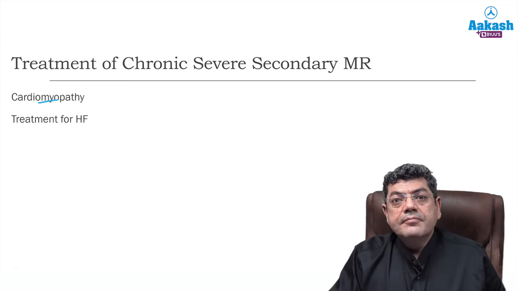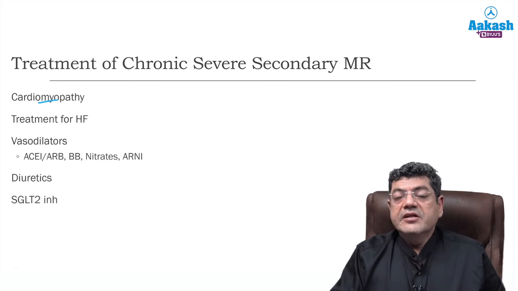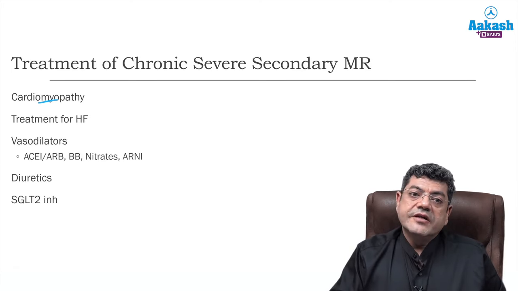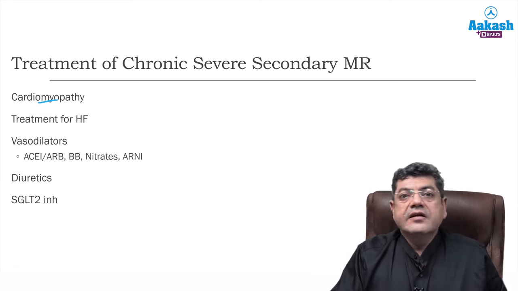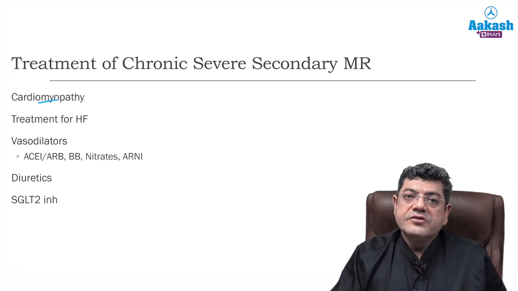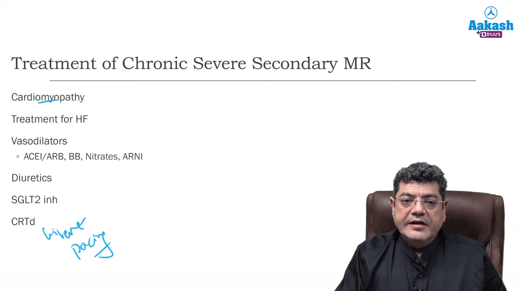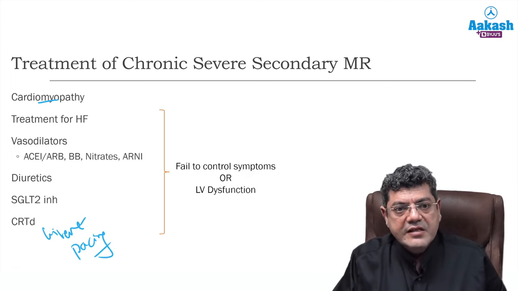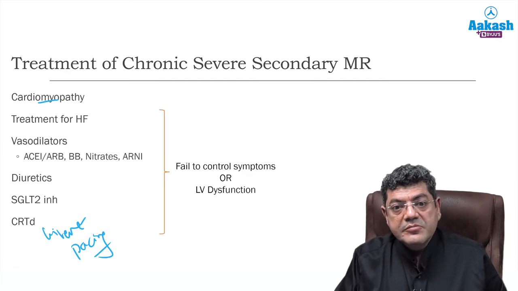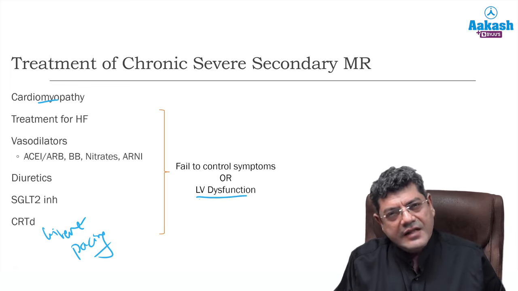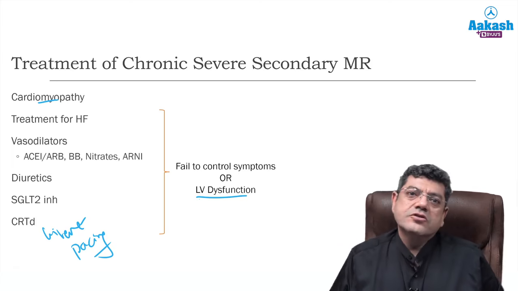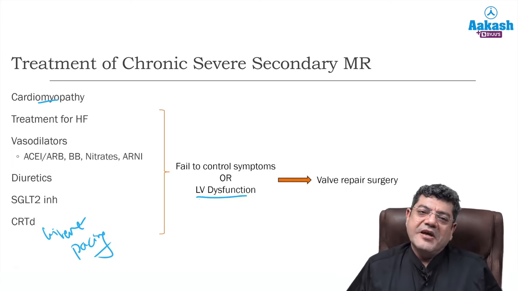So biventricular pacing may be needed to optimize treatment of refractory heart failure in patients with chronic severe secondary MR. That's a CRT device. Biventricular pacing is the preferred modality of treatment, right? But when this fails to control symptoms or the left ventricle continues to dysfunction, that is when again you will resort to valve repair. Right.